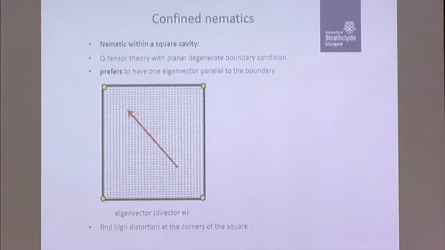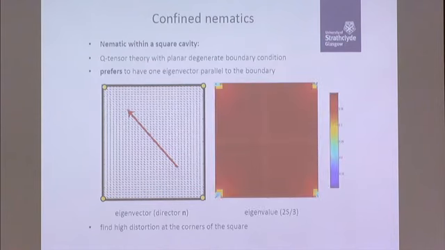So these are the eigenvectors of Q. You can see there's some high distortion in each of the corners. And this high distortion, it's a bit of a rough plot here, but these are one of the eigenvalues of Q. In fact, it's 2 times the order parameter over 3, 2/3 of the order parameter. And you can see here there's a reduction in order at these corners.